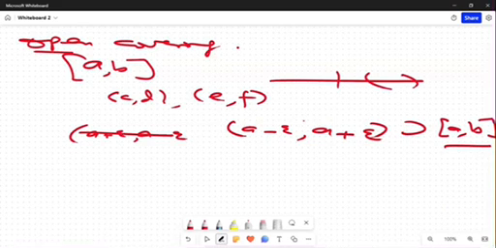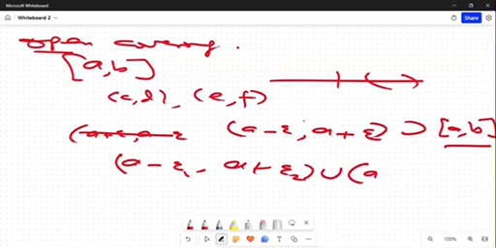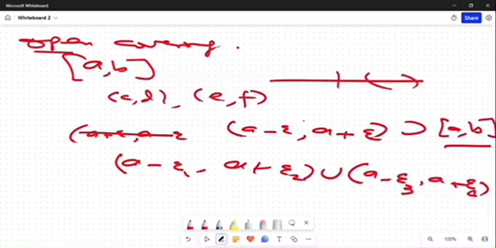This epsilon is arbitrary. So you begin to label epsilon 1, epsilon 2, then you have A minus epsilon 3, comma A plus epsilon 4.